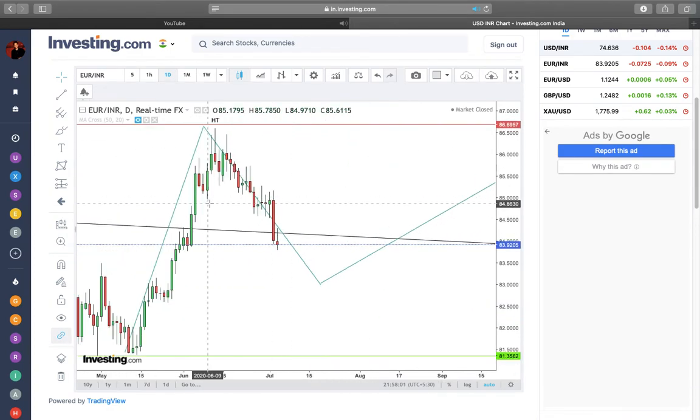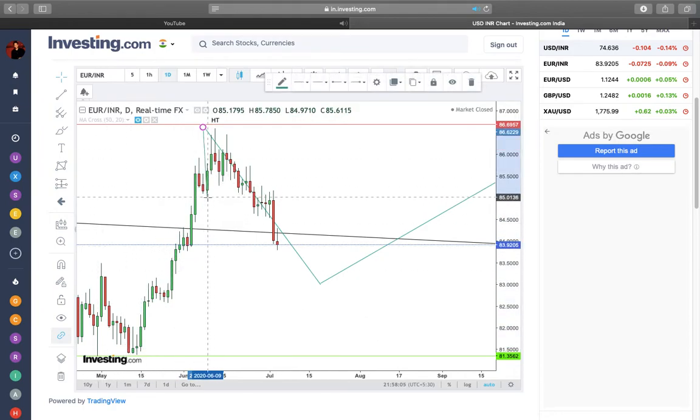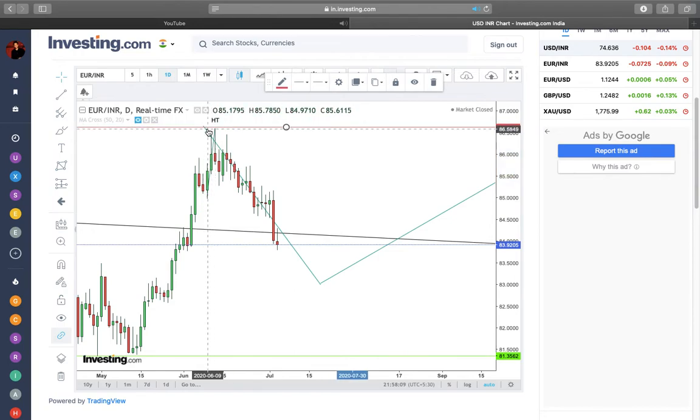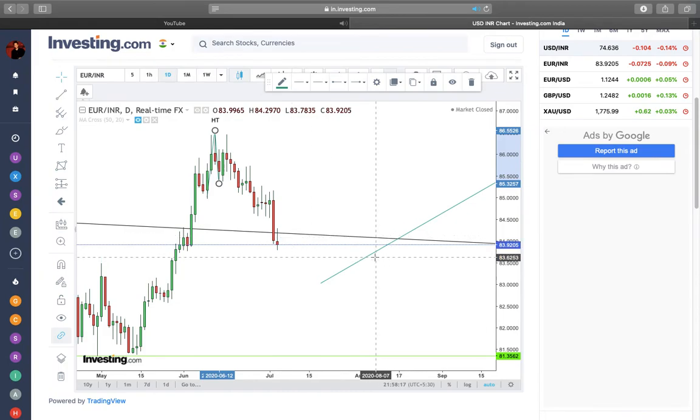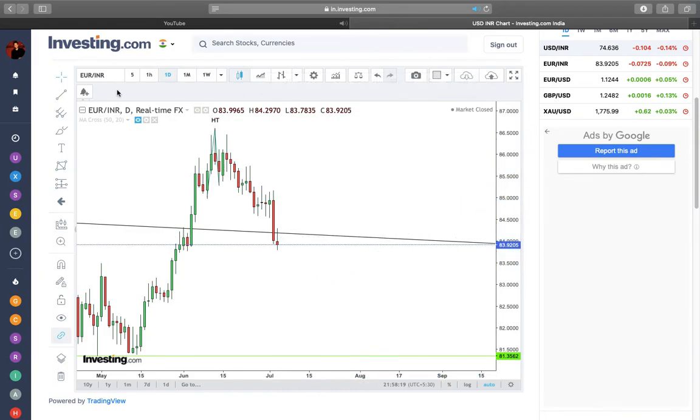If you zoom on the time frames, you will notice that there is a sort of an M pattern that has been formed. Sorry, I'm just removing this here. This gets deleted.